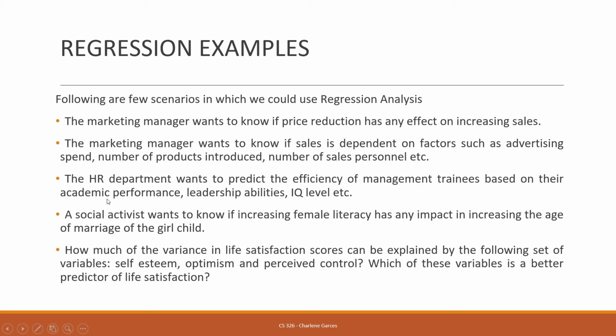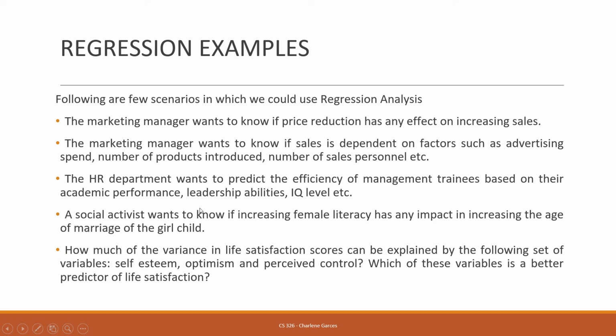Now, another example is the HR department wants to predict the efficiency of management trainees based on their academic performance, leadership abilities, IQ level, etc. The dependent variable for this is the efficiency of management trainees because this is the effect, whereas the cause is the independent variable, and whatever changes or varies in your independent variable will directly affect the dependent variable.